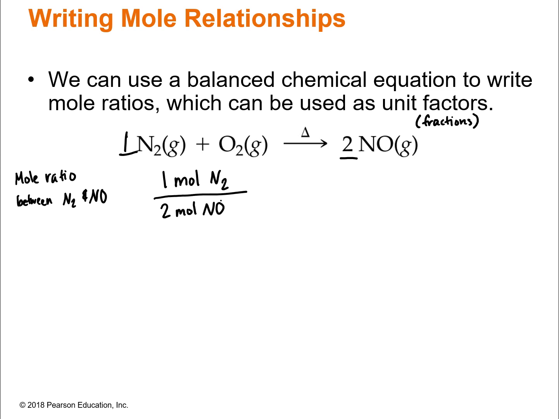So I write 2 moles of nitrogen monoxide. And that is a mole ratio. For every 1 mole of nitrogen, I make 2 moles of nitrogen monoxide. I can also write the reciprocal. And those would be my mole ratios.